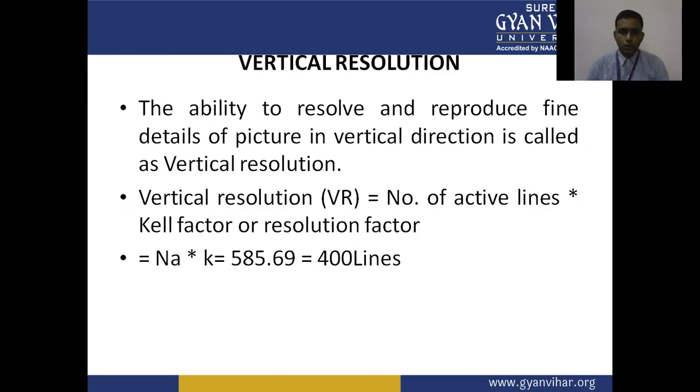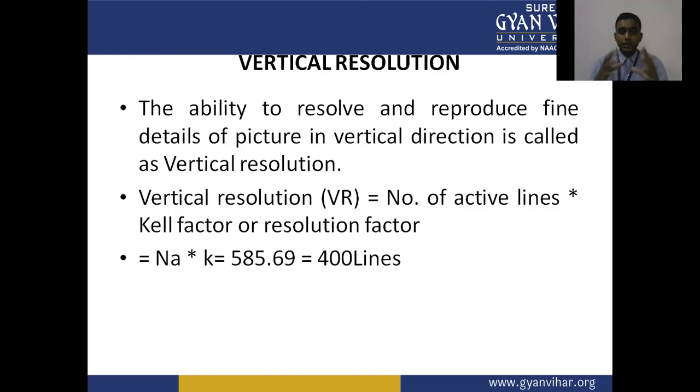The ability to resolve or reproduce fine detail of the picture in the vertical direction is called vertical resolution. Vertical resolution, VR, equals the number of active lines times the Kell factor or resolution factor. In the case of the NTSC system, we have a total number of lines of 585, and the Kell factor is 0.69.